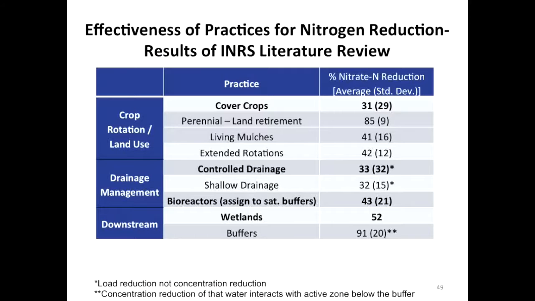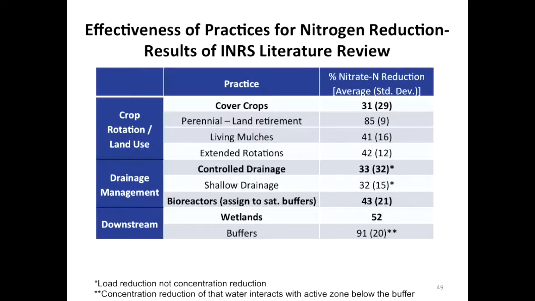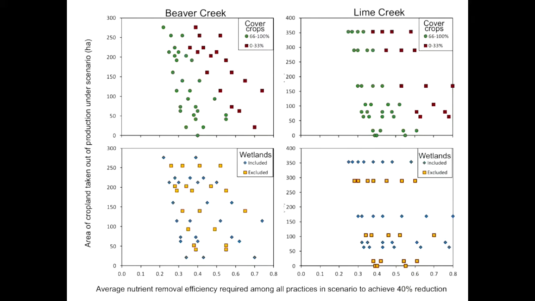And here's just one example of a scenario that plots down in this lower area. So it's worth trying. We don't know we're going to meet that goal, but we know that if those practices do function as the literature says they might, we have a good chance of meeting that goal. It's a reasonable start.